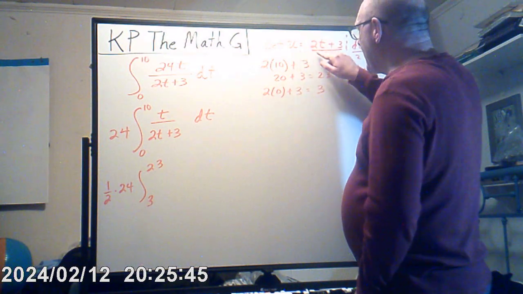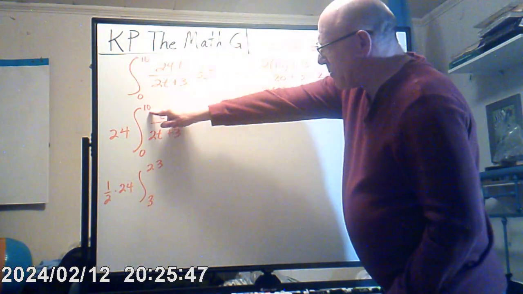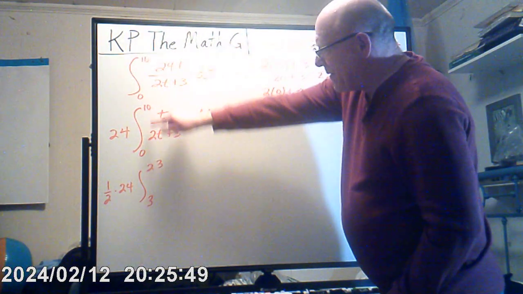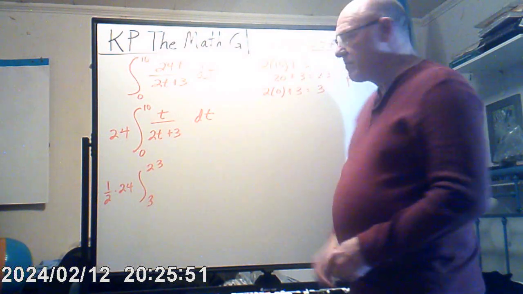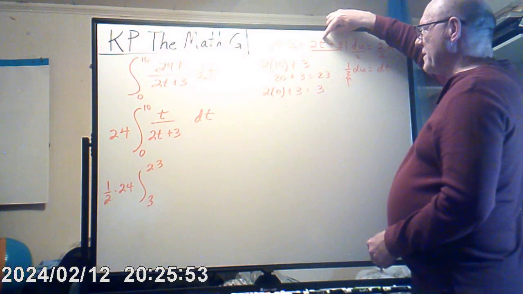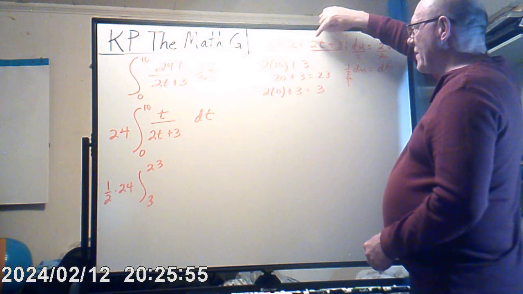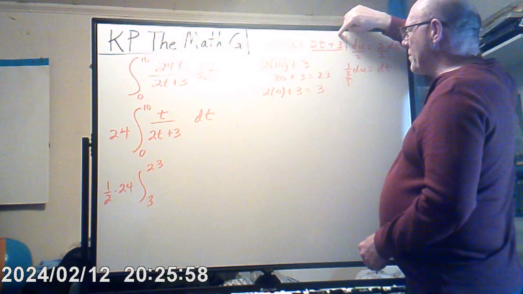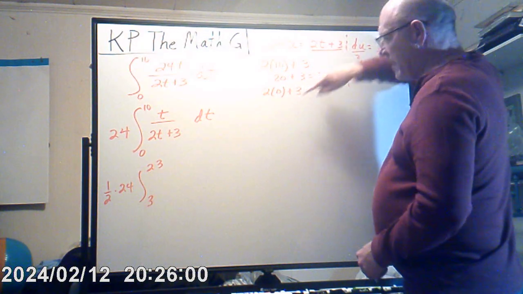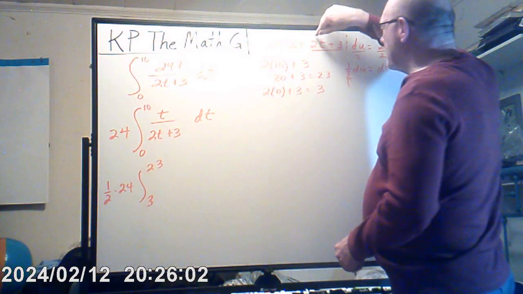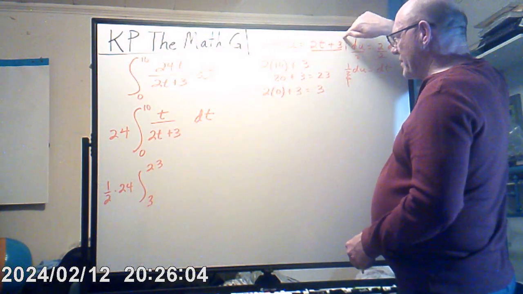Whatever you let u be, just plug these numbers into this t right here. So 2 times 10, 20. 20 plus 3 is 23. 2 times 0, 0. 0 plus 3 is 3.